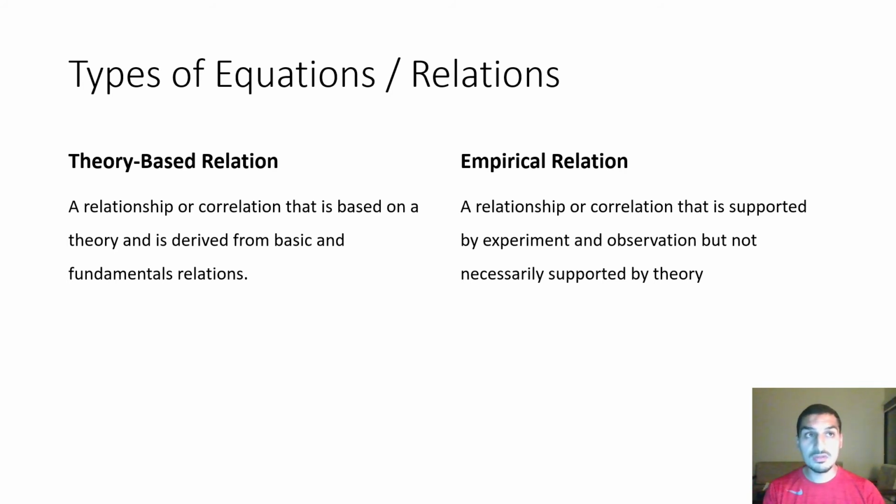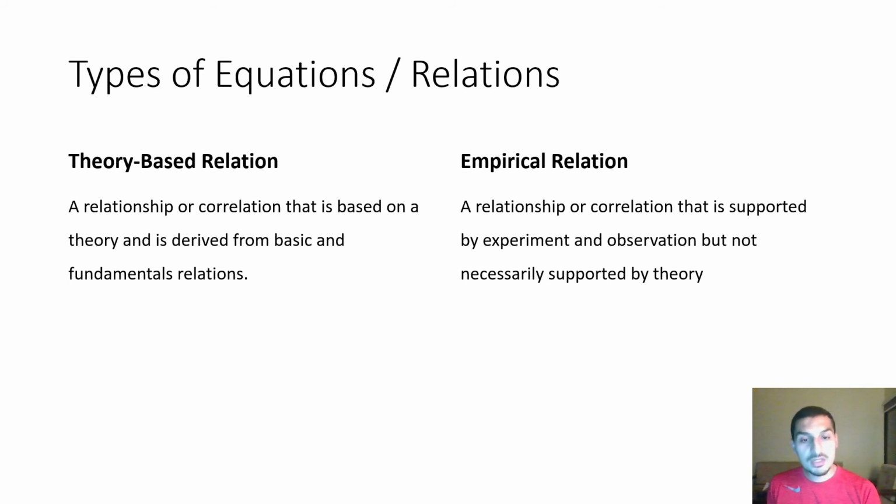Sometimes the results of these theory-based relations are not matching with the experimental data, and this might be because the equation that we predicted is not including all the parameters that are affecting the system, or any other reason. And in this case, scientists tend to use another approach, which is producing what we call empirical relations.